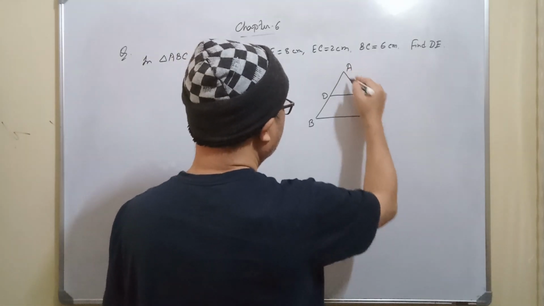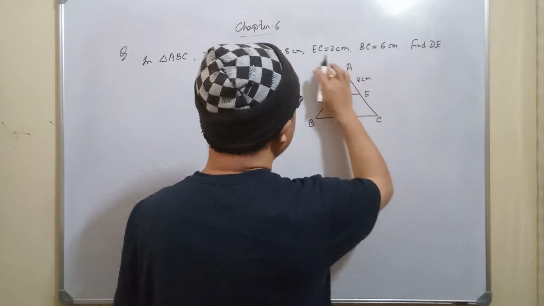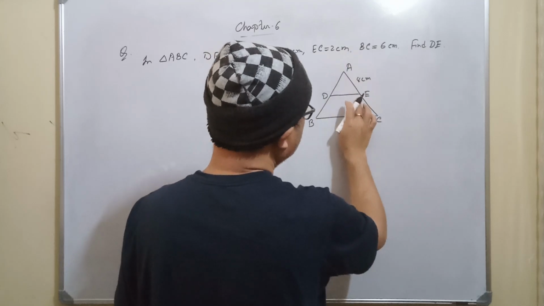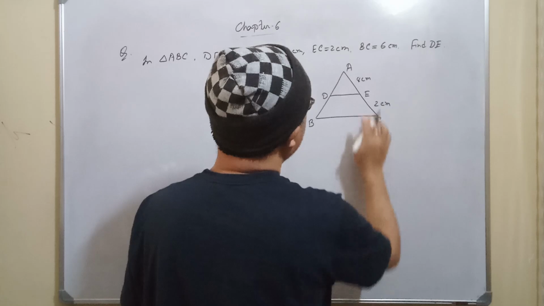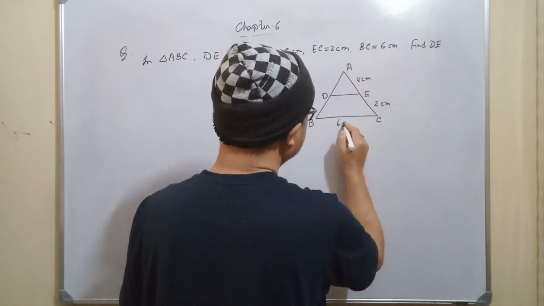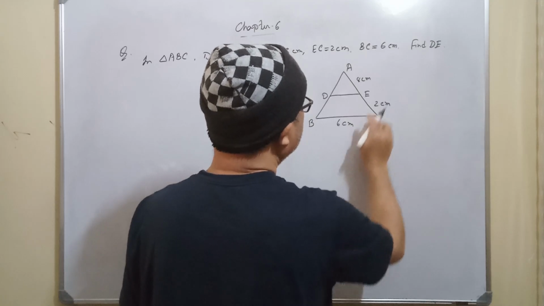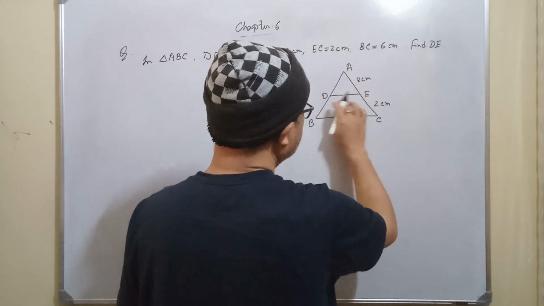This one from A to E, it is 8 cm. EC is 2 cm. BC is 6 cm. We have to find DE, this line segment.